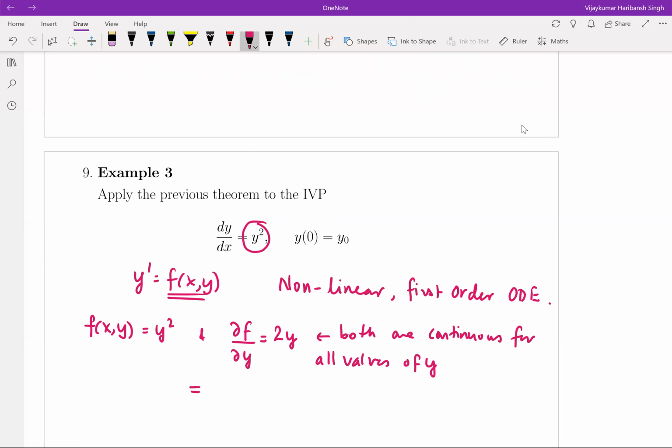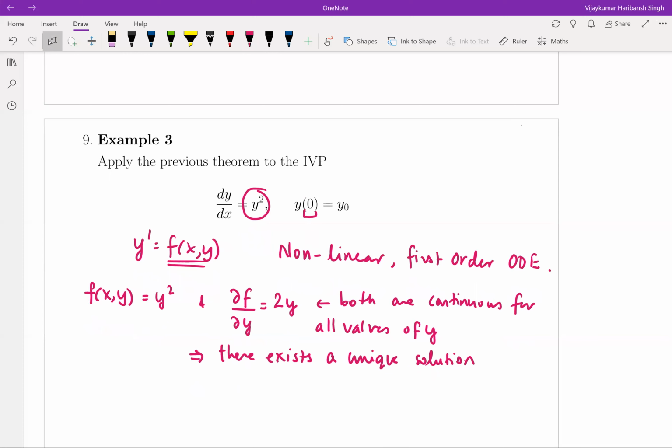This implies there exists a unique solution in some interval around 0. So y 0 minus h, which is minus h, to plus h, right?